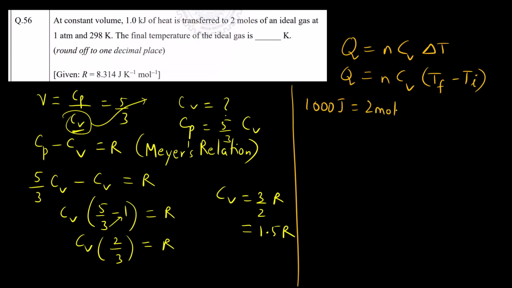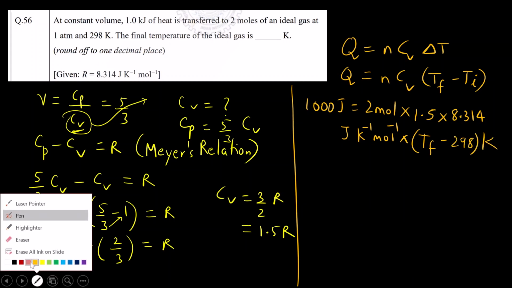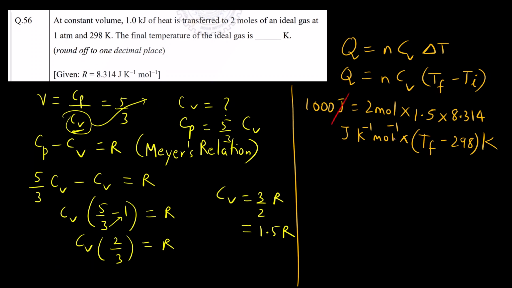There are 2 moles of an ideal gas, into Cv, which is 1.5 into R. R is 8.314 joule per Kelvin per mole, into the final temperature, which we have to find out. Initial temperature is 298 Kelvin. If you see the units, joule and joule get cancelled and mole inverse gets cancelled, so the final unit of temperature we will get is Kelvin.